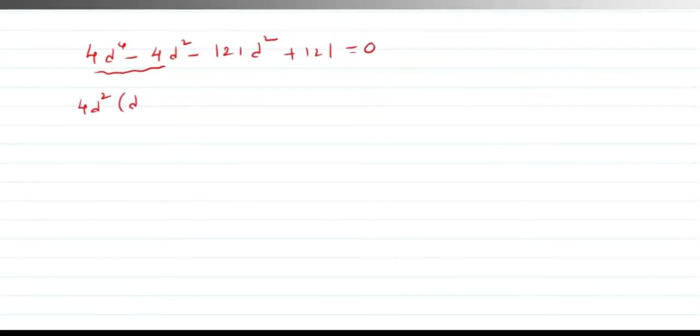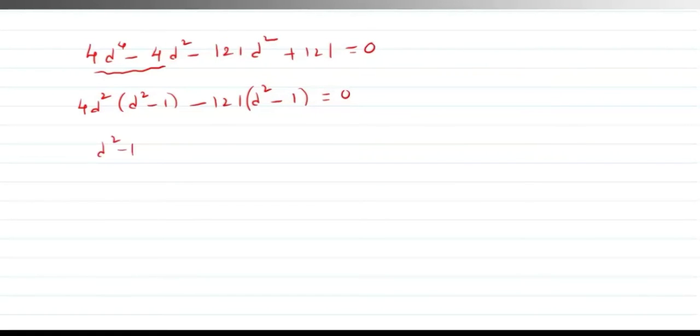4d to the power 4 minus 4d square minus 121d square plus 121 is equal to 0. Factors: take 4d square common from here, so we will get d square minus 1. Similarly, 121 common, d square minus 1 is equal to 0.